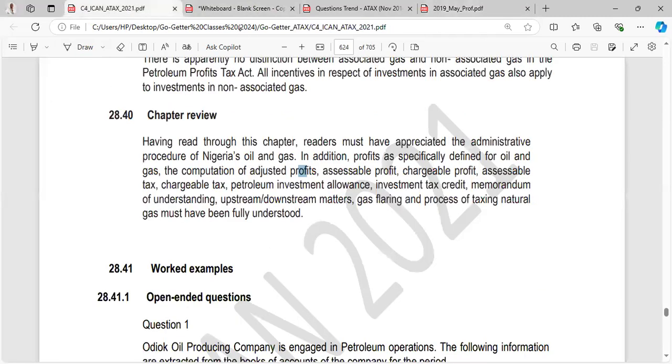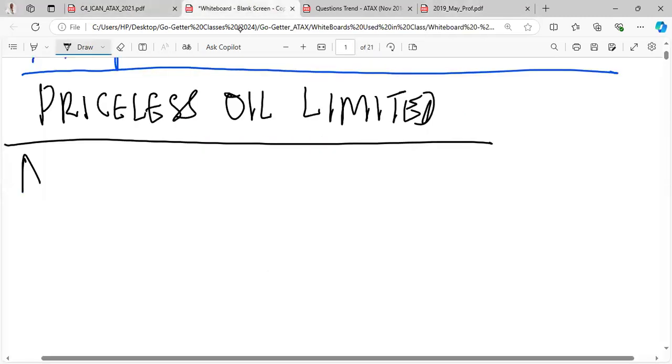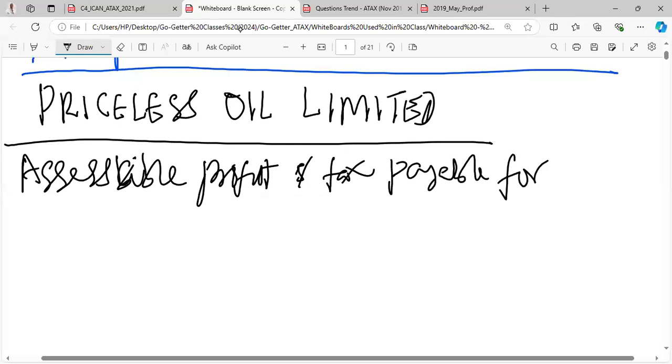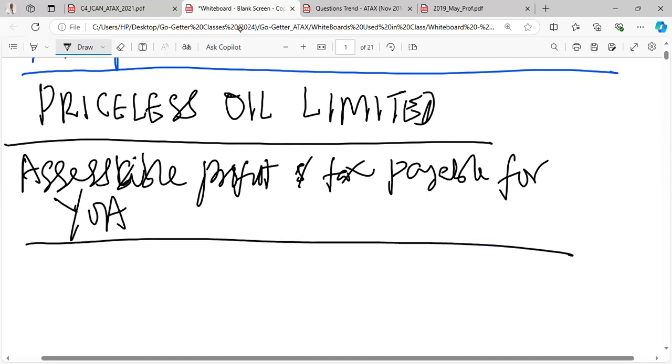So you can do that. Assessable profit and tax payable for year of assessment. We don't know that yet. We'll now read the question to find out.